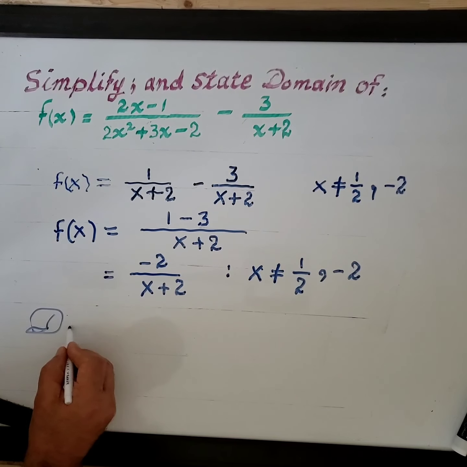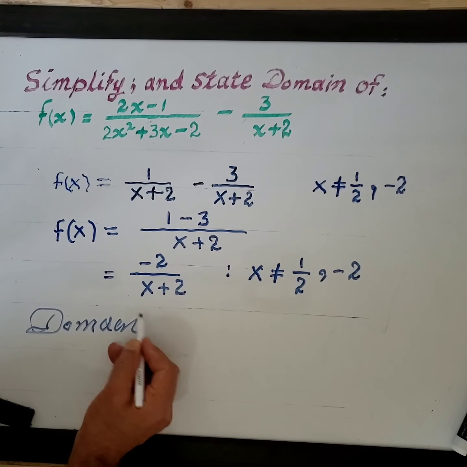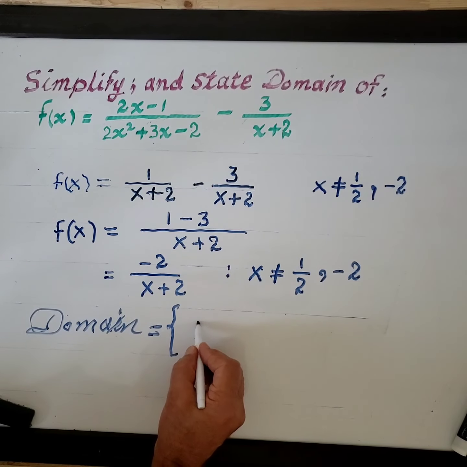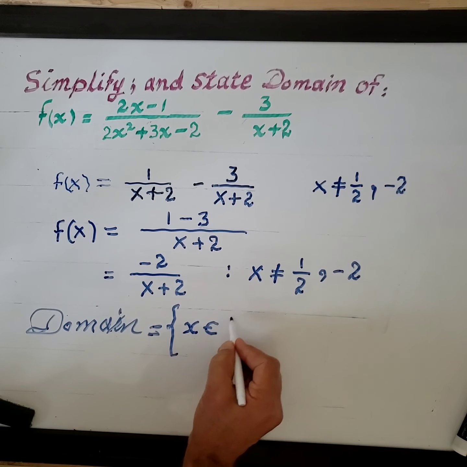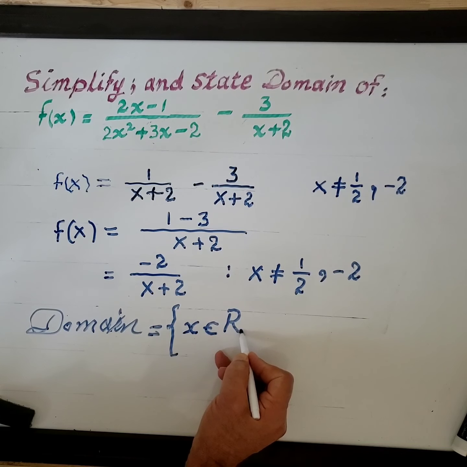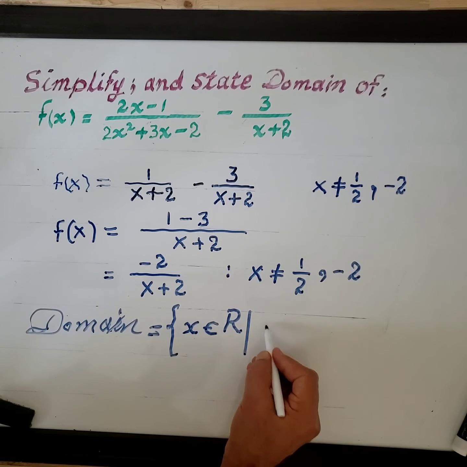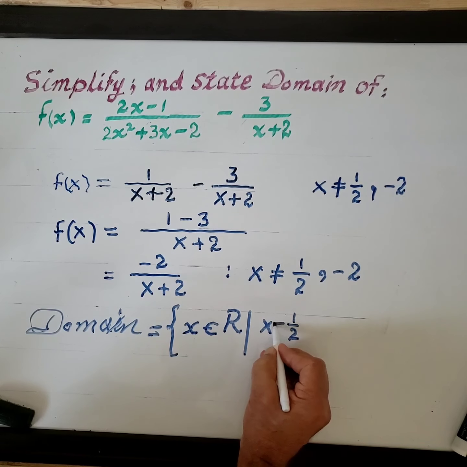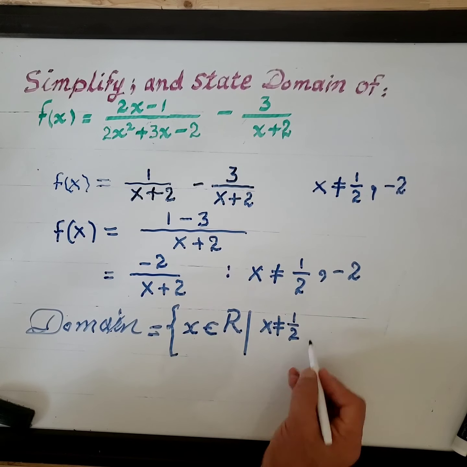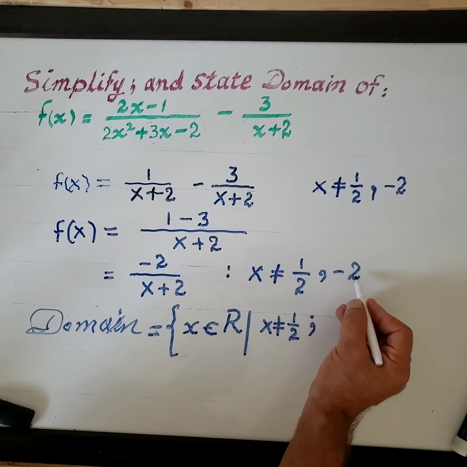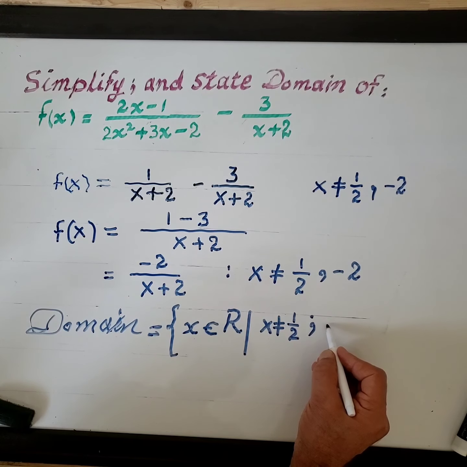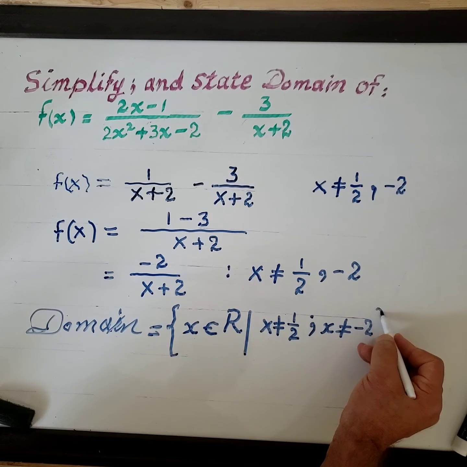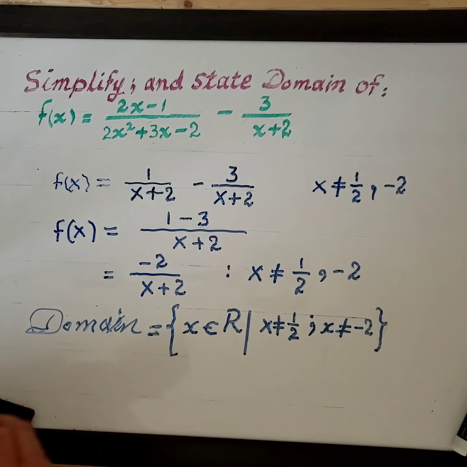The domain is equal to the set of numbers x that belongs to all the real numbers except when x is equal to 1/2, is not in the domain, so x should be not equal to 1/2, and also when x is equal to -2 it is not in the domain, so x is not -2. This is the domain for the function.